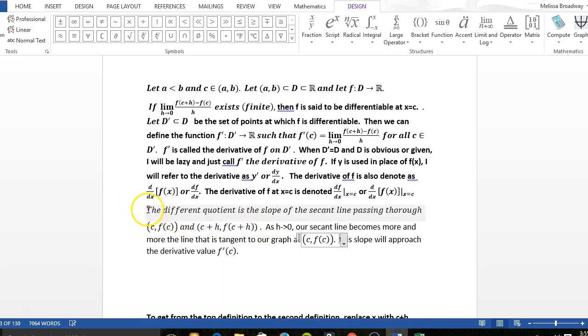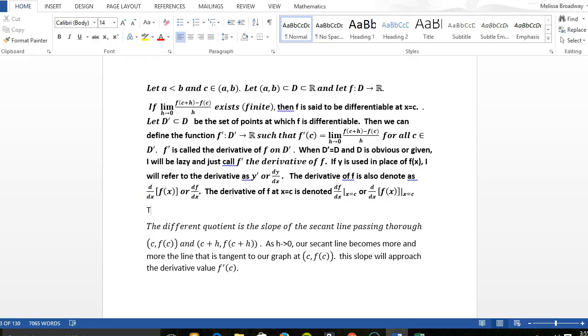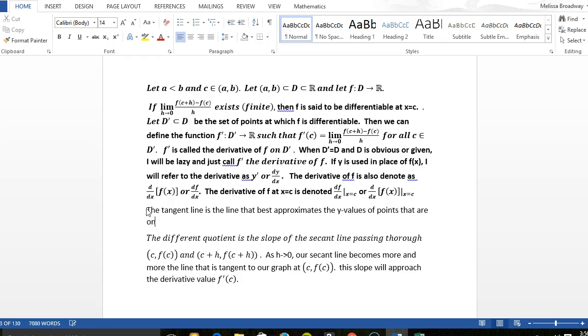Let me go up here, and since I put the cart in front of the horse, proverbially speaking, the tangent line is the line that best approximates the y values of points that are on the graph of f of x and are very close to, and are very close in location.